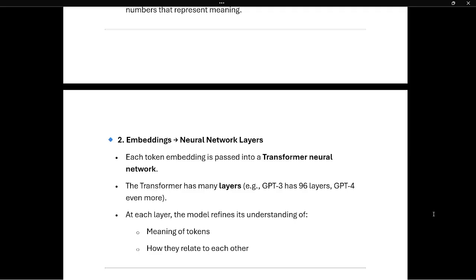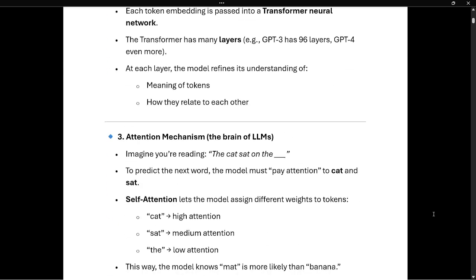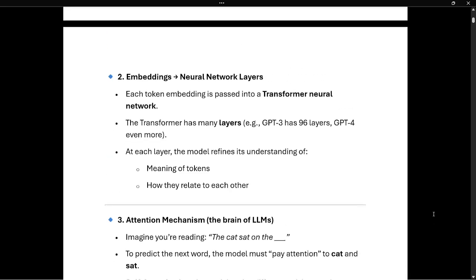We have the input layer, the hidden layers, and the output layer in a transformer. When I explain the transformer, I'll explain how training is done at the different layers. For now, that is basically embedding's work.